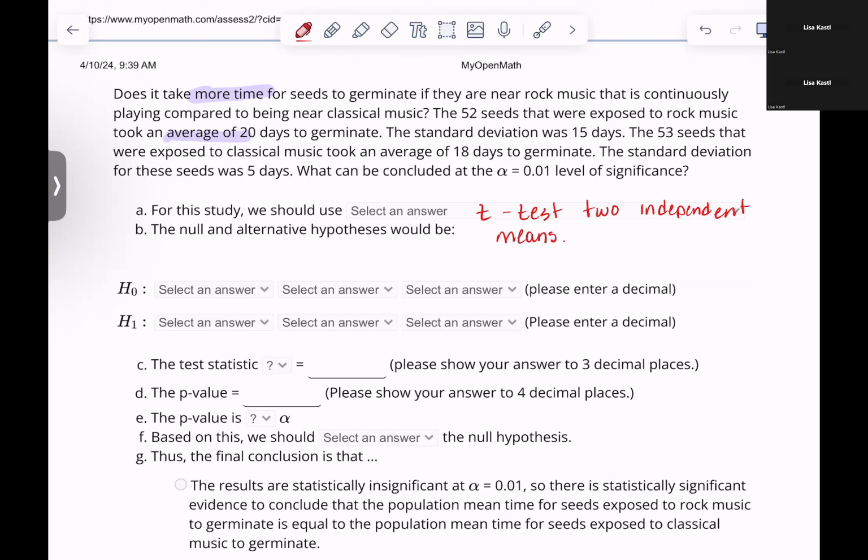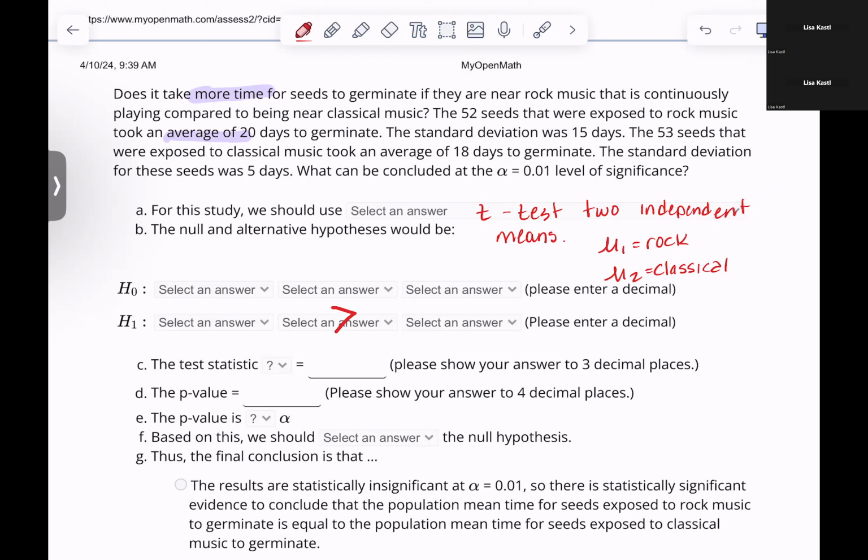So I'm going to let mu1 be rock and mu2 be classical, because in the drop downs, that's all I got is mu1 and mu2. So in the null and the alternative hypothesis, it is more than. So it's greater than in the alternative.